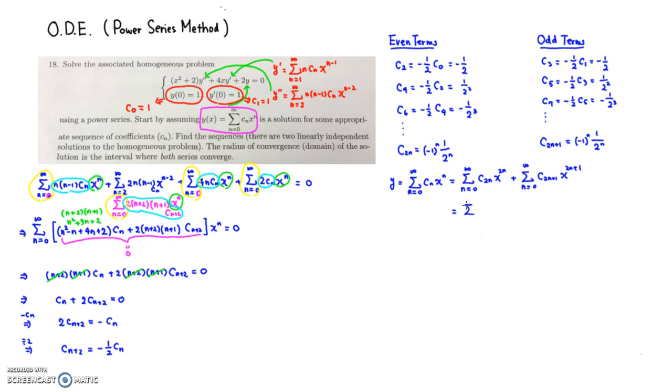So this is going to be the summation n goes from 0 to infinity of -1 to the n times x to the 2n over 2 to the n, plus the summation n goes from 0 to infinity of -1 to the n times x to the 2n plus 1 over 2 to the n. Then we want to find the expression for these.